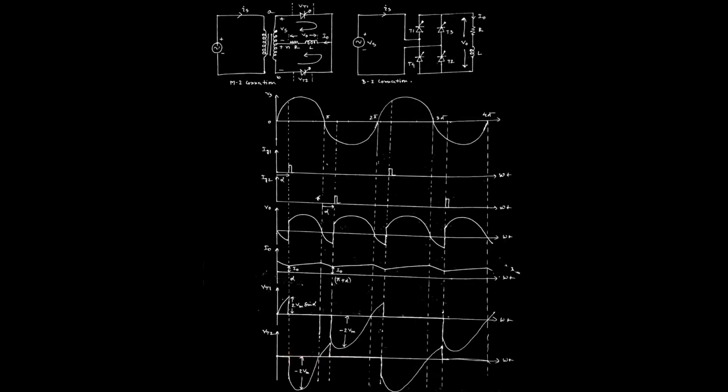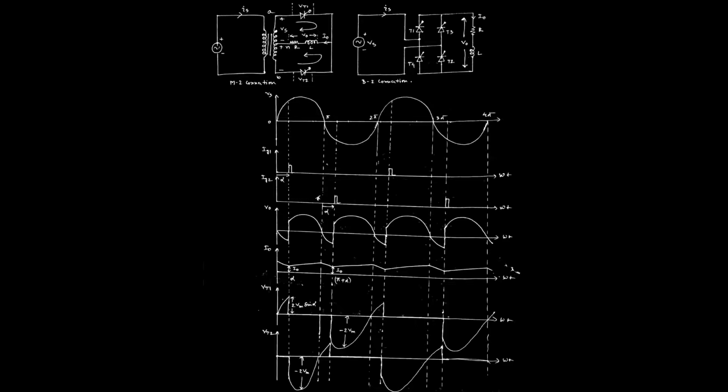So from alpha to pi plus alpha, there is no voltage across T1, and the total peak inverse voltage appears across T2. Similarly, from alpha plus pi to 2 pi plus alpha, as T1 stops conducting, the total peak inverse voltage appears across T1. Then as T2 starts conducting, it behaves like a short circuit, so no voltage appears across the thyristor T2. In this way, it will be repeated from the next cycle onward.